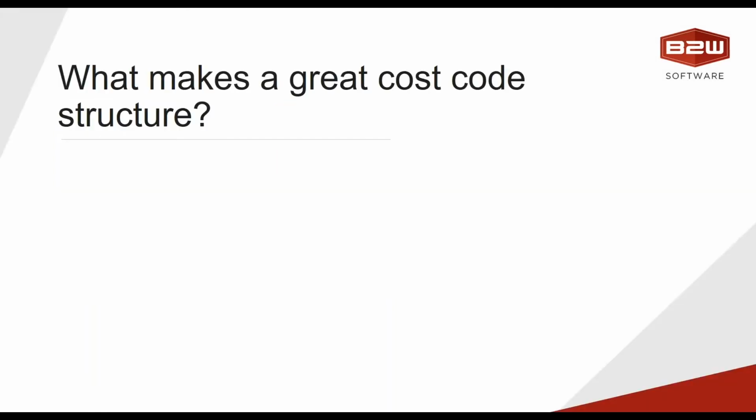So, getting right into it: what makes a good cost code structure? The first thing that I want to talk about, and I'll bring up several times, is that the number one mistake I see most companies make is they make a much too detailed list of job cost IDs, at least coming out of the gate.